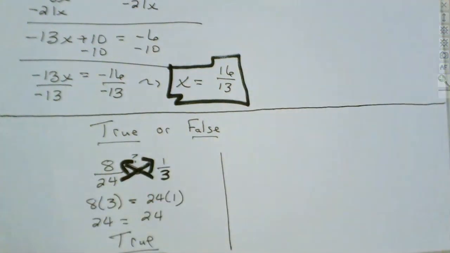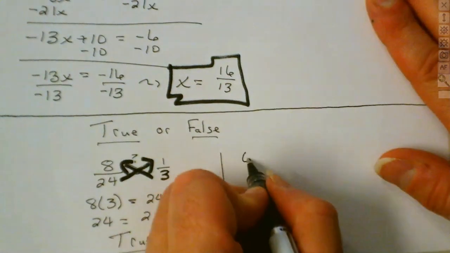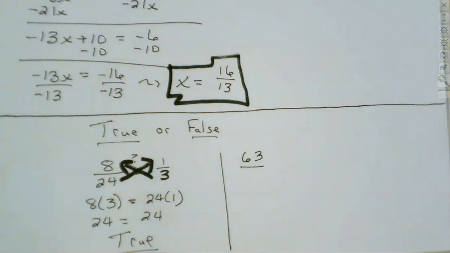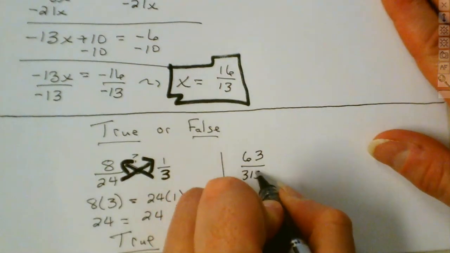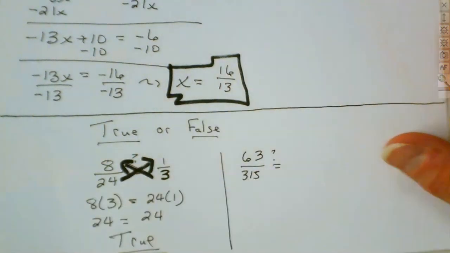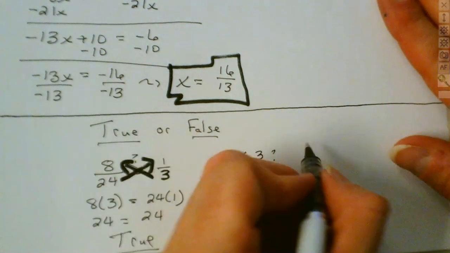How about another one here? How about 63 over 315. Does that equal 7/9?